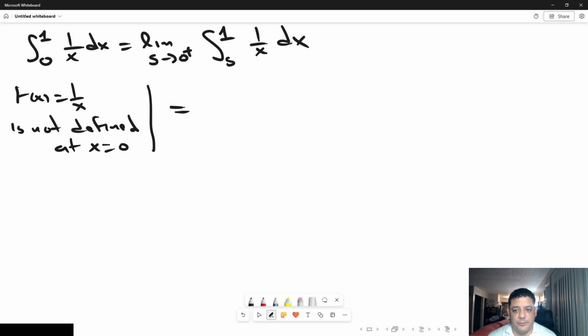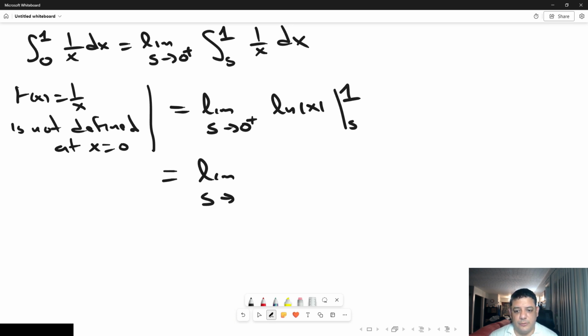And so this is equal to the limit when s goes to 0 by the right side. And of course, the integral of 1 over x is log of absolute value of x, and this is between s and 1. So this is the limit when s goes to 0 from the right of log of absolute value of s minus log of absolute value of 1. Now, log of absolute value of 1 is 0, so this goes away.